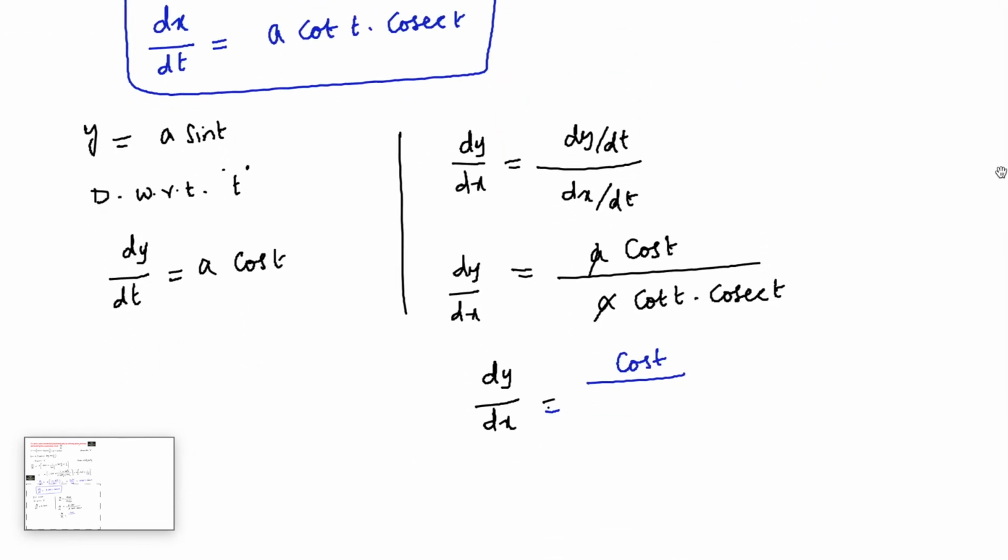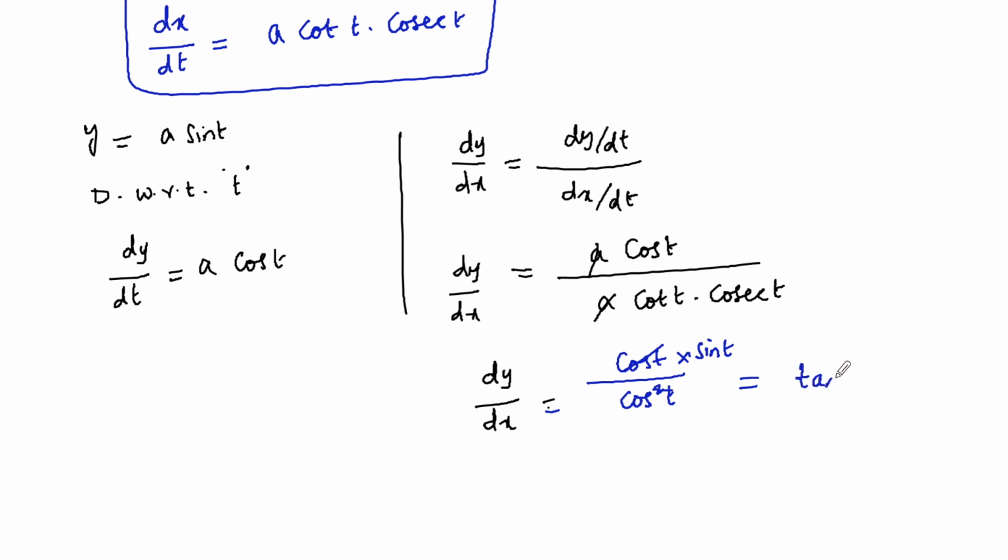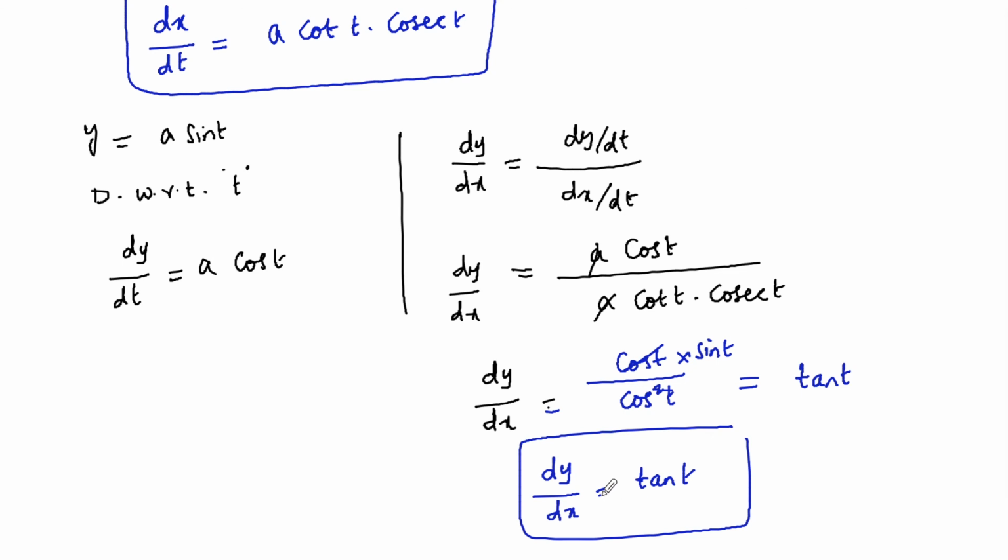So here I can write cos square t by sin t, that sin t will go to the numerator. So here cos t and cos t get cancelled, so we have sin t by cos t, that is tan t. So dy by dx is equal to tan of the parameter t. So we can give the answer tan t. This is the answer. Okay, thank you.